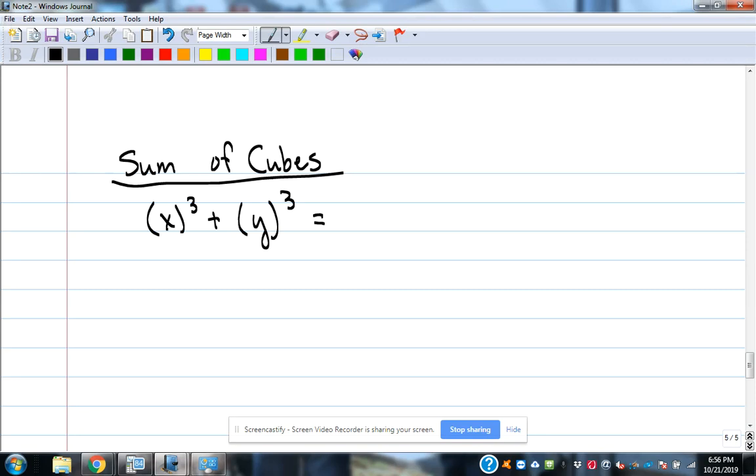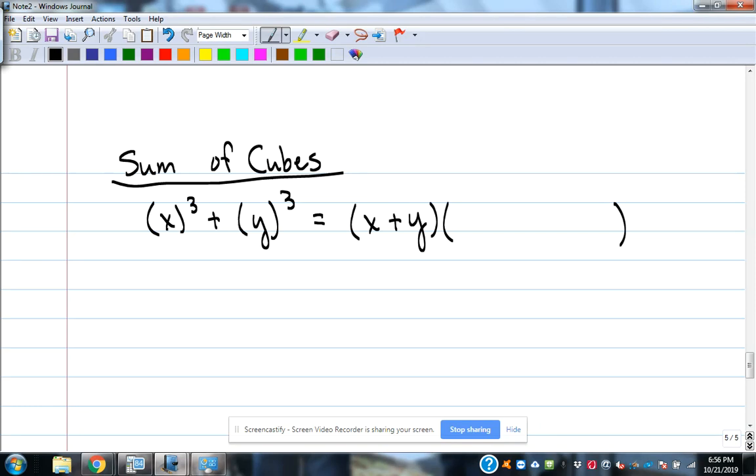When you have two things that are added together that are cubes, the factoring has a short factor and a long factor. The short factor is always the same as what you've got written here, so it's going to be x plus y.